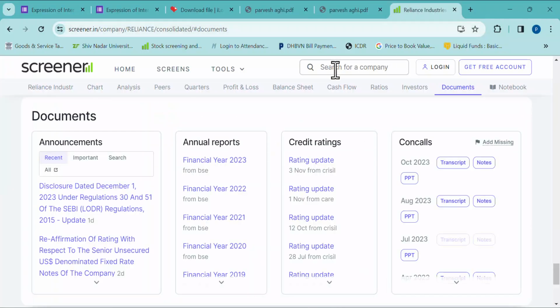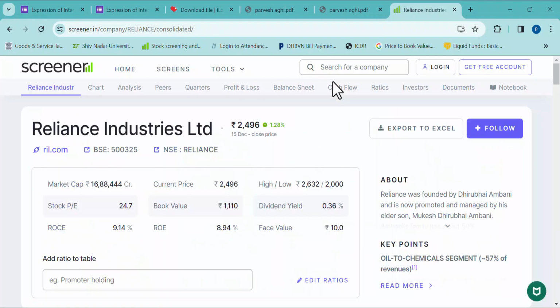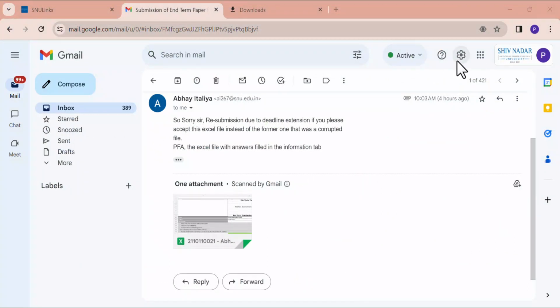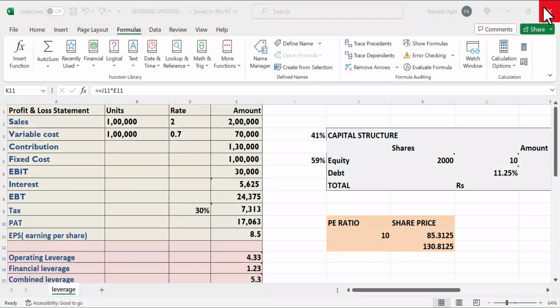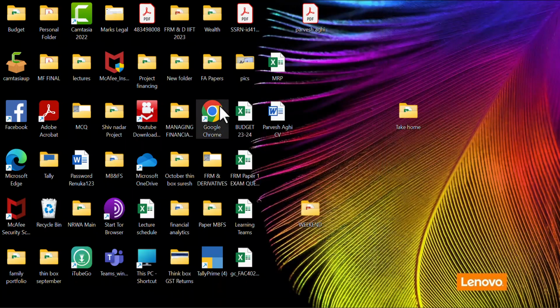Okay, so we have the Screener. For example, let's say Reliance again. We can take any company. Here the stock P/E is how much? 24.7. Let me close this because I'll open a new window where I have logged into this site, so we'll use that.